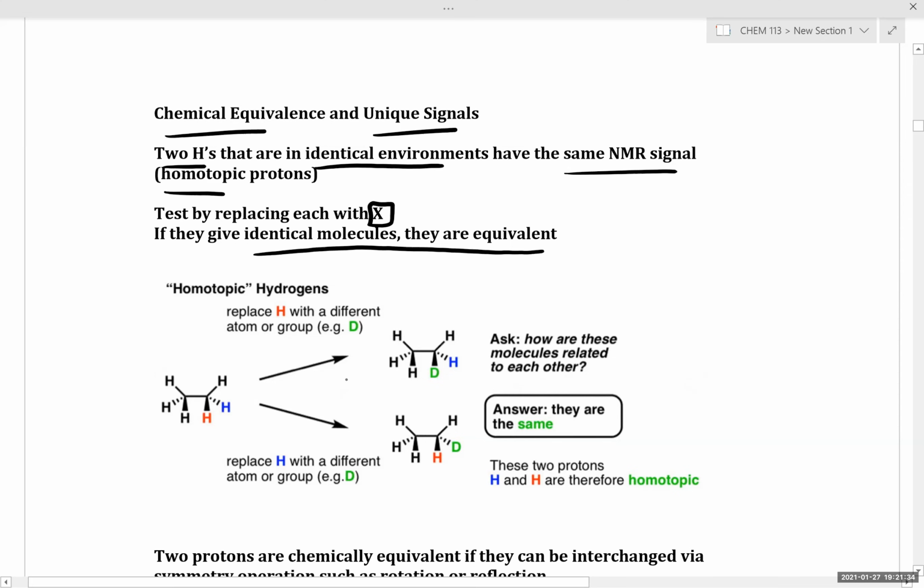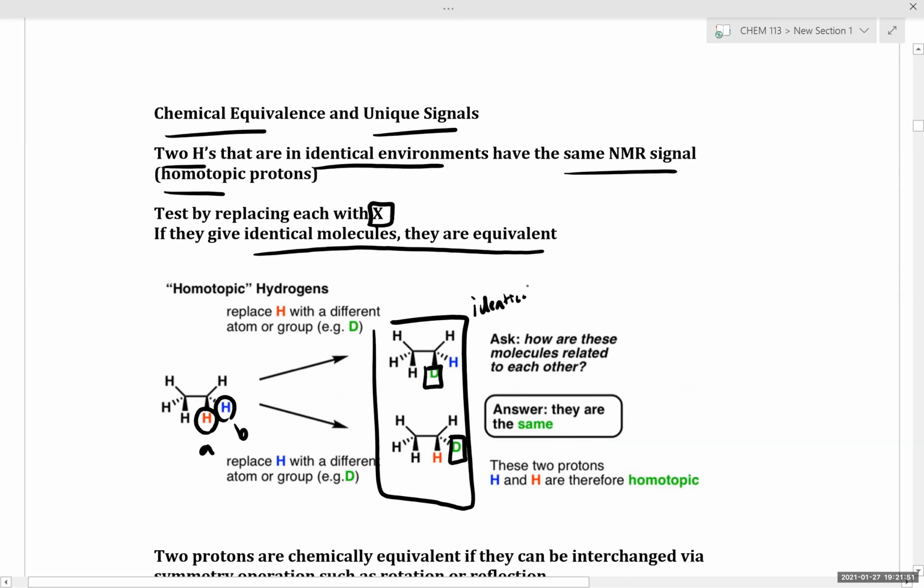So for example, if we compare these two prospective protons, A and B, to figure out whether or not they're chemically equivalent, we replace them with a group D. As we notice, these two structures are identical. As a result, our two protons are homotopic. They're chemically equivalent and they would be part of the same signal. Does that make sense?